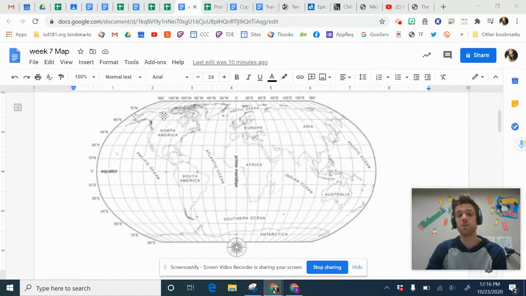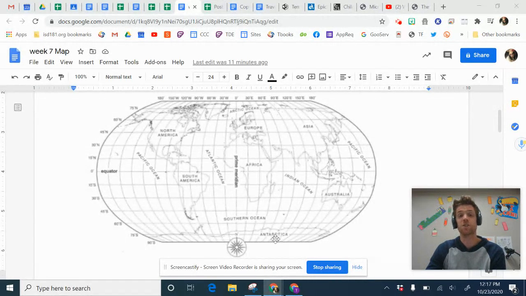Please also notice that it's a flat map, but they curved this edge because they wanted to keep the sides of the map square. So when you keep it square, then you lose some distortion. And so keeping the map on a flat piece of paper, but yet not distorting and making the North Pole and the South Pole so drastically different, they did this.